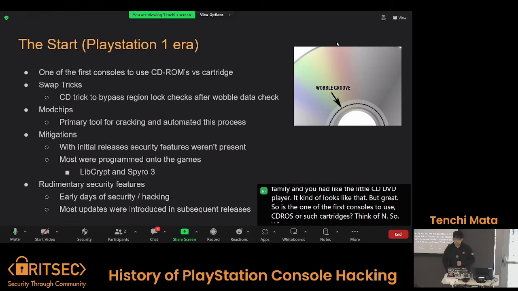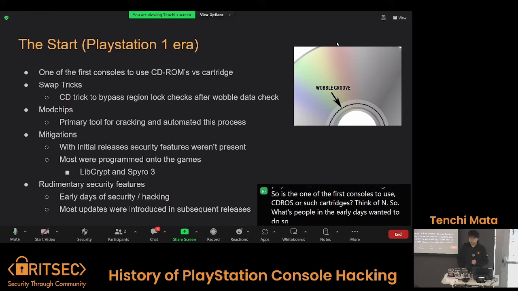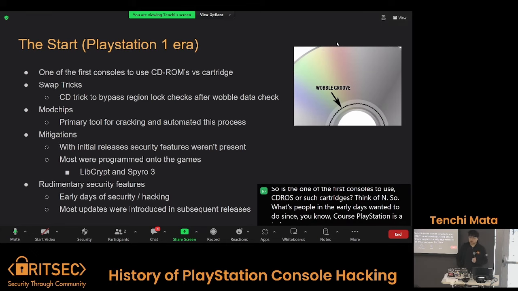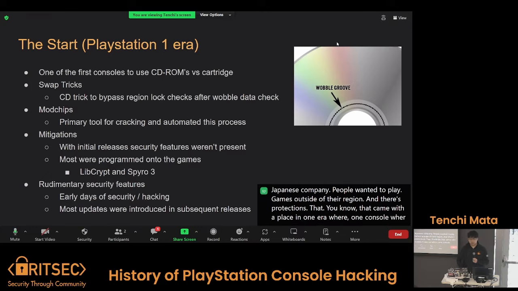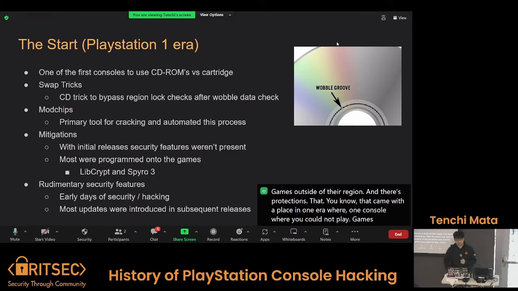So what people in the early days wanted to do, since, of course, PlayStation is a Japanese company, was play games outside of their region. There were protections that came with the PlayStation 1 console, where you could not play games that were outside of your region. The way they did this was through the wobble groove check.